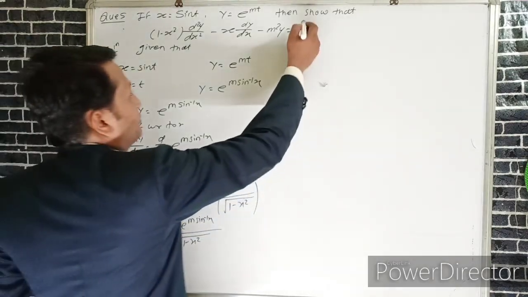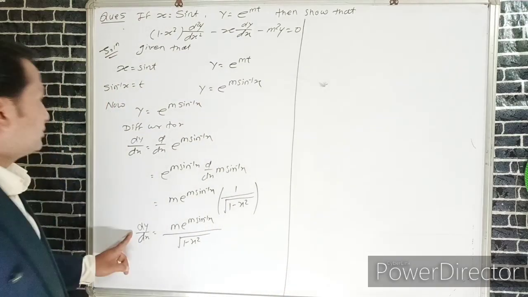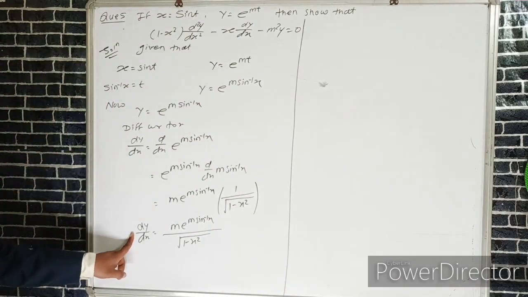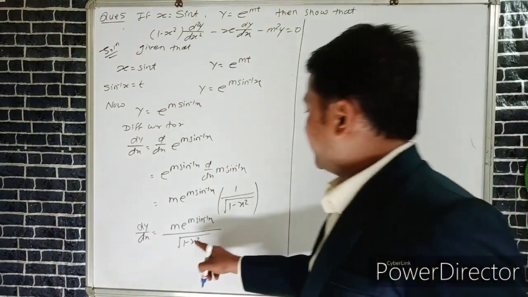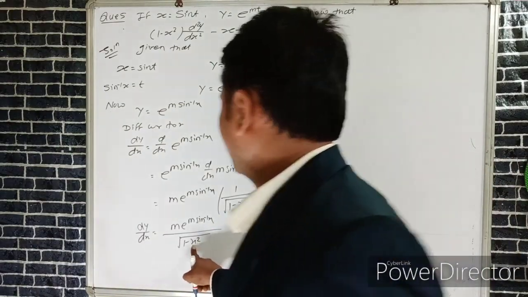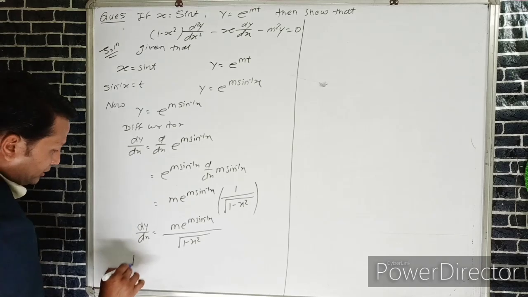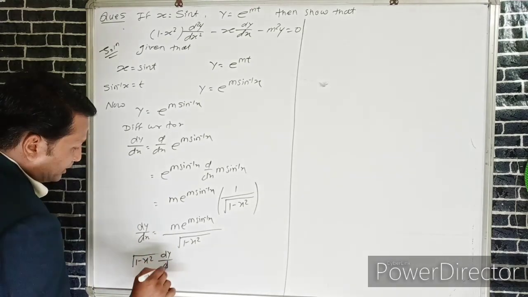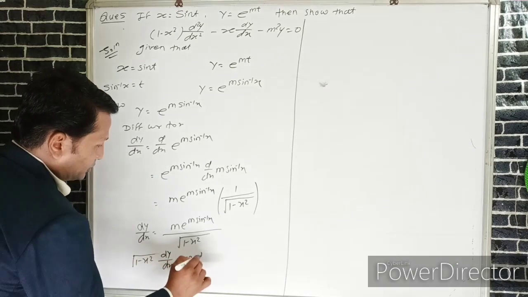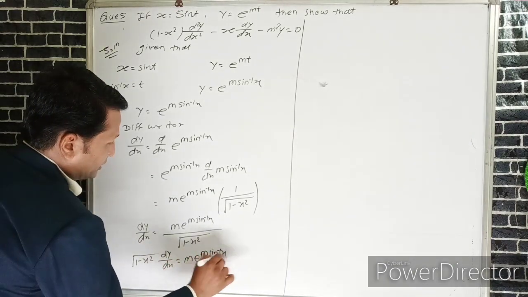So to find the second order derivative d2y by dx square, first we take this under root of 1 minus x square to the left side. We can write under root of 1 minus x square into dy by dx is equal to m into e to the power m sin inverse x.